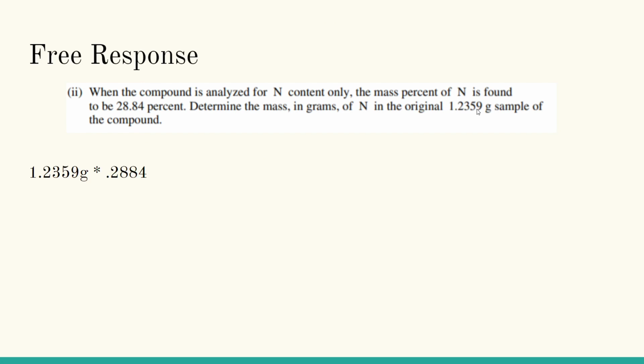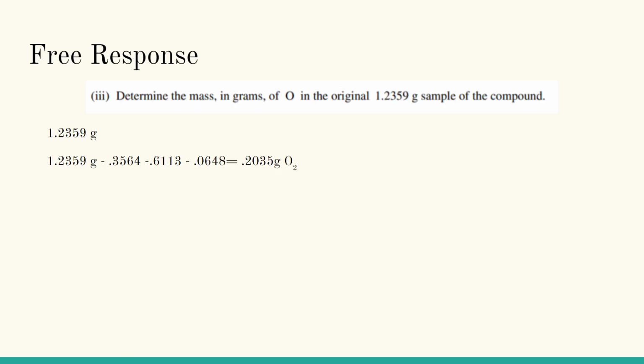So all that we have to do is multiply the 1.2359 grams times the 28.84 in decimal form instead of percent, and that's going to give us our grams of nitrogen. We'll have to turn that into moles eventually, but not quite yet.